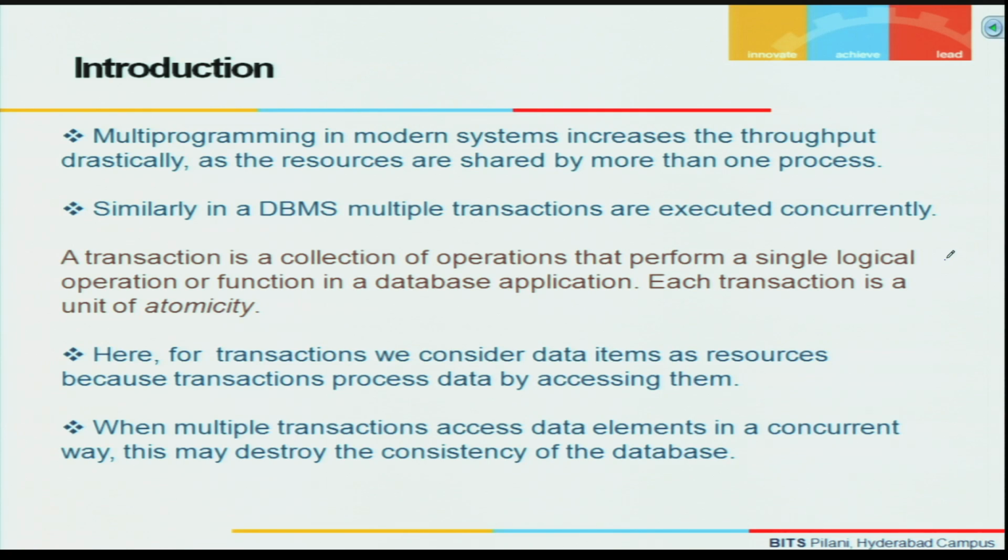Analogous to processes in operating systems, transactions here are executed in a concurrent way. What are the resources used by processes running in a system? It can be an IO device, RAM, the processor, files, and so on. But in database management systems, the transactions use resources which are nothing but data items.